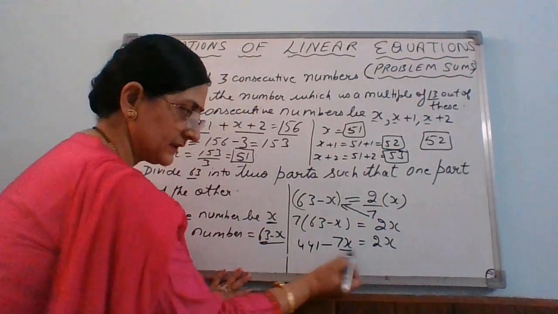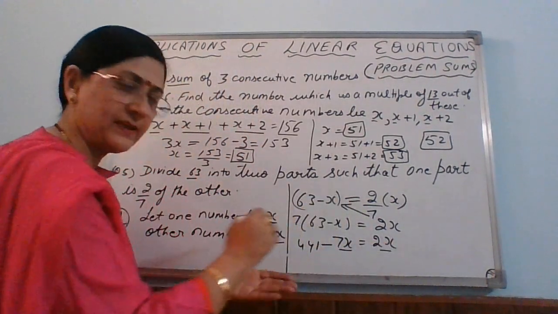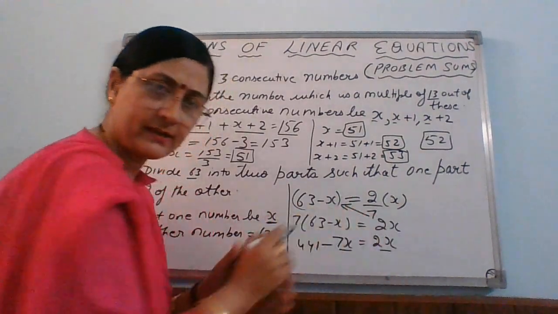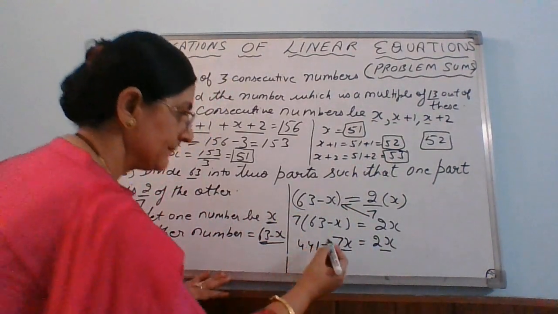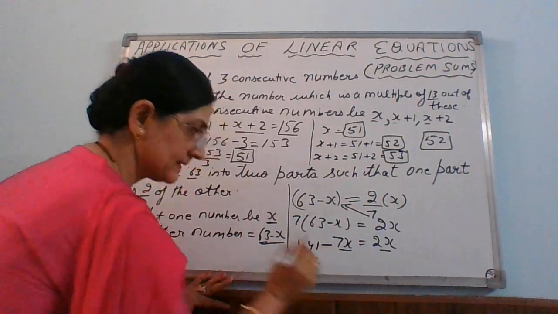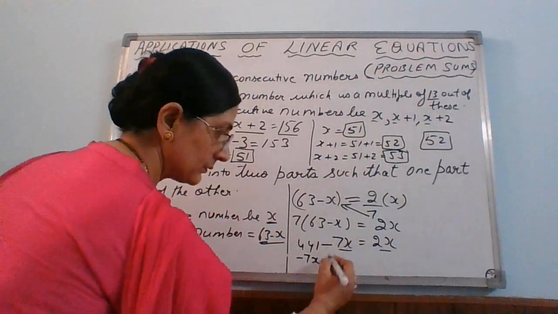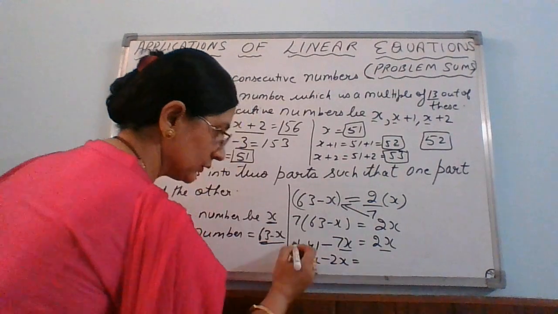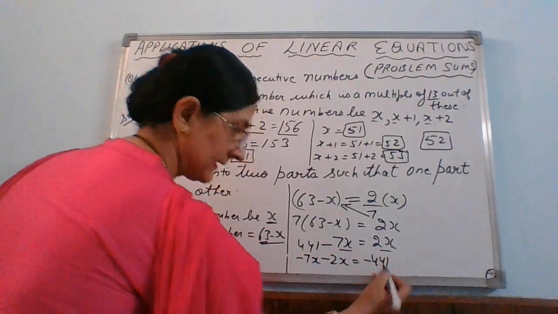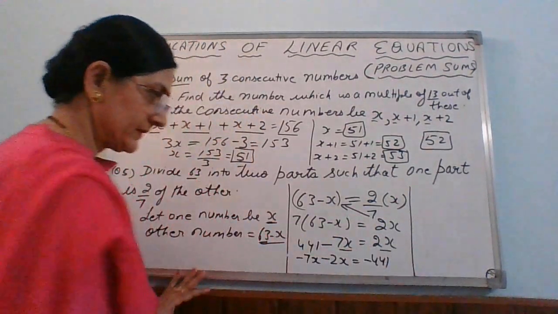Now you have two like terms. You have to shift x to the left side and this will go to the right side, only then they will be separate, right? So 7x stays as it is, its sign does not change. This is crossing the bridge of equality, so it comes here with change of sign, it goes there with change of sign. We have done that, right? We got this equation.